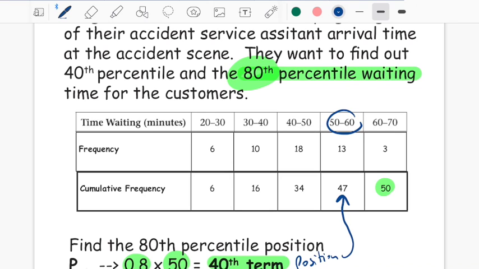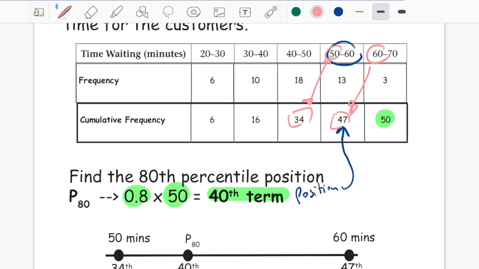So the value that I will take is I will link 34 with 50, and then I will link 47 with 60. So write that out first: 50 and 34, then 60 and 47.